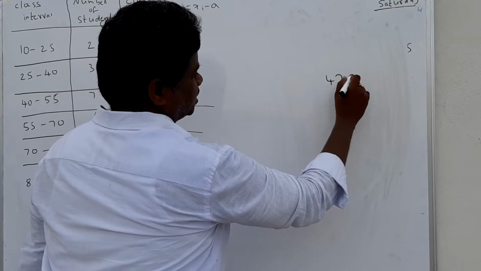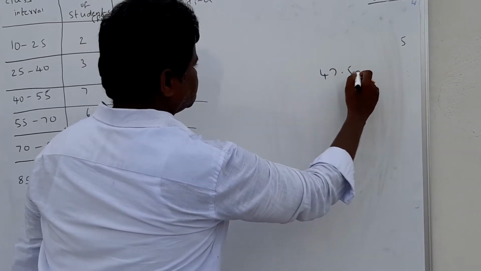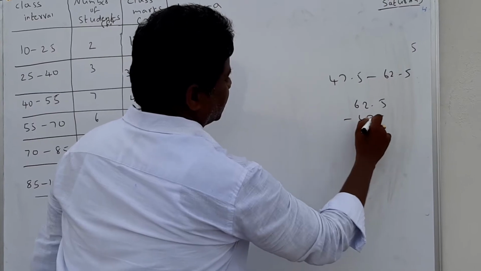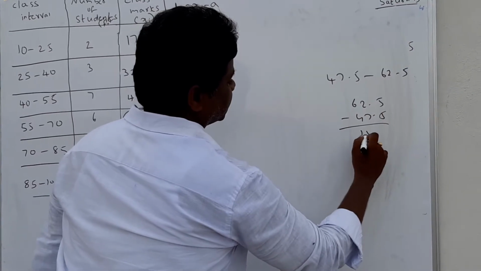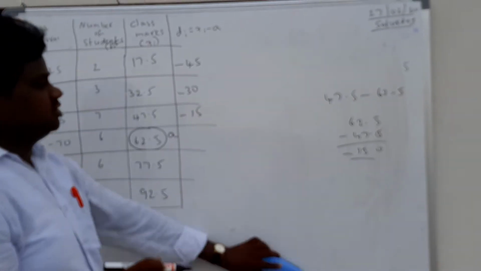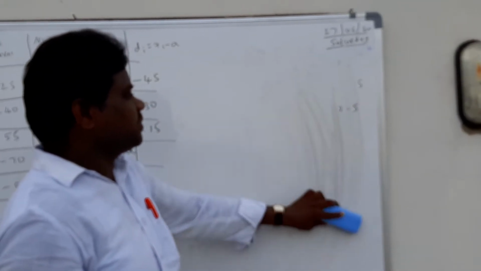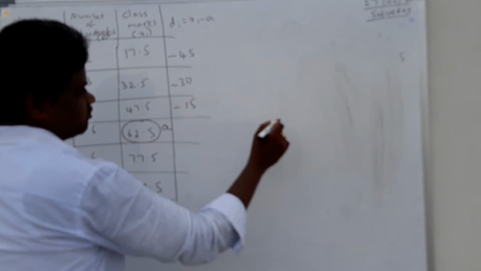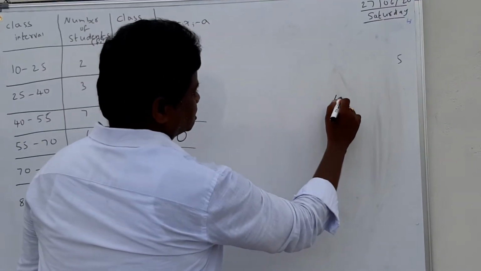That is 47.5 minus 62.5. That is 62.5 minus 47.5, which means you will get 15.0. That is minus 15.